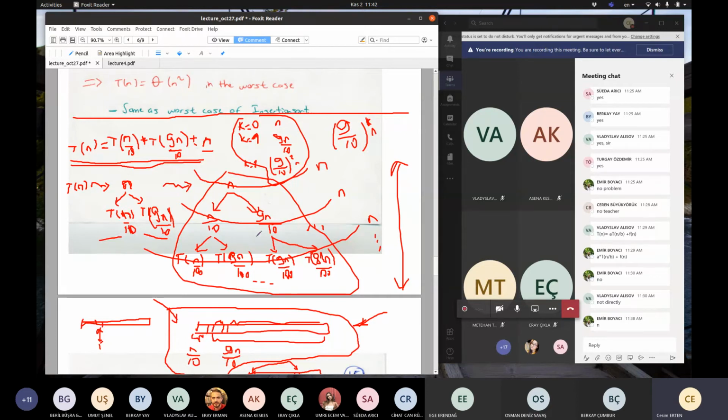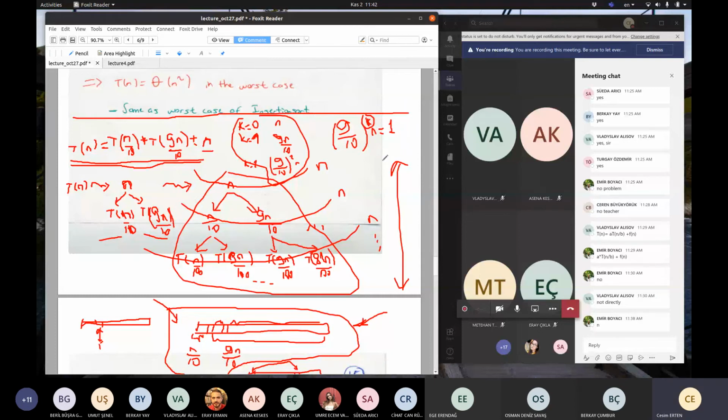Now, to find out the height of this long branch, we want to find out at what value of k does this long branch reach a constant T? At what level would we be expanding some constant? So we can make this equal to 1 or 2, any constant we want.